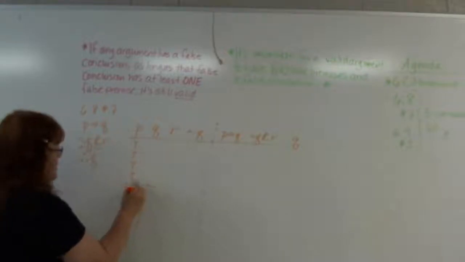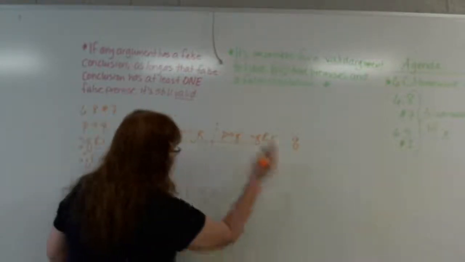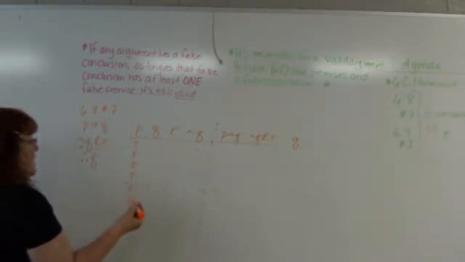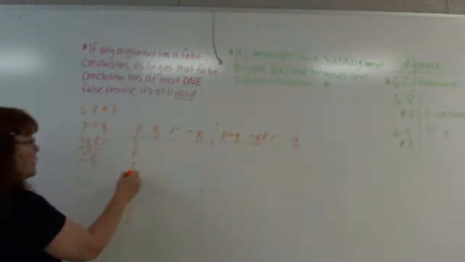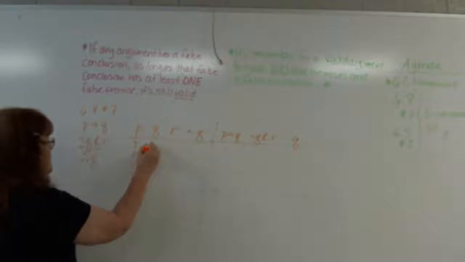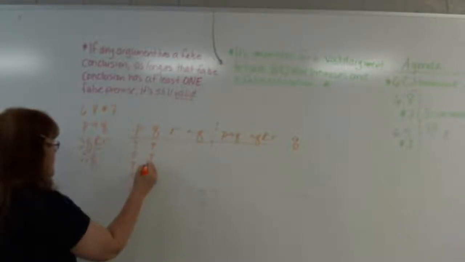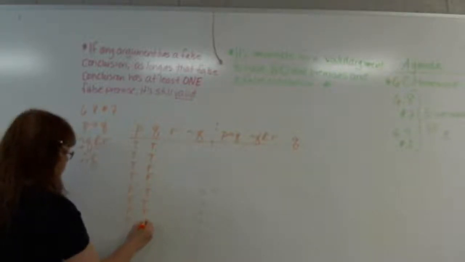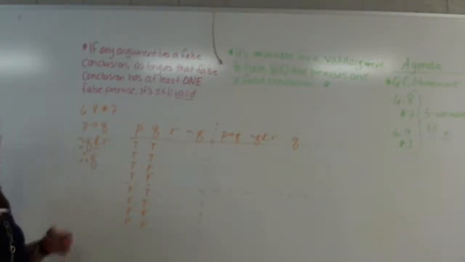Now on the board here, I'm going to do this so I have a chance of keeping at least that many together. The second thing I do is take half of my 4, and that's 2. So I'm doing things 2 by 2 in my second column. 2 trues, 2 falses, and then I repeat it again because I still have space to fill up. So my second variable, whether it's a Q or a J or whatever, always looks like that.